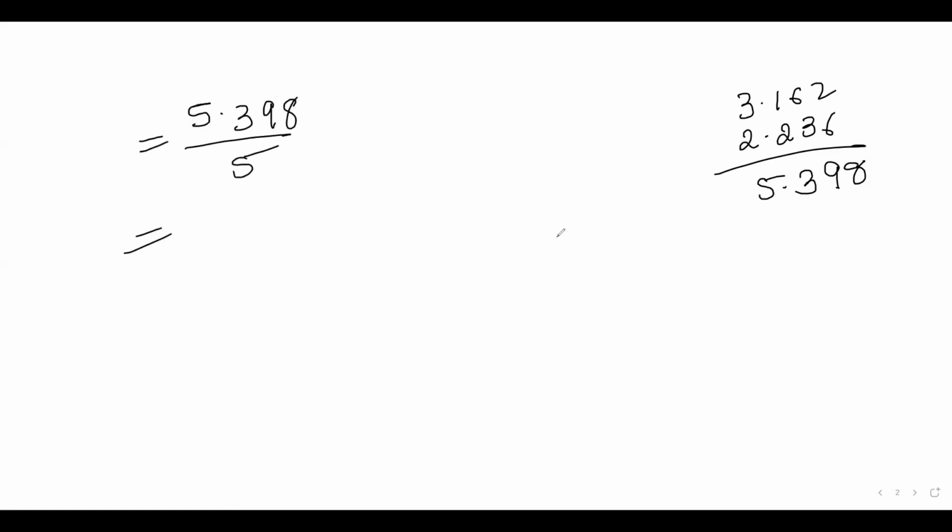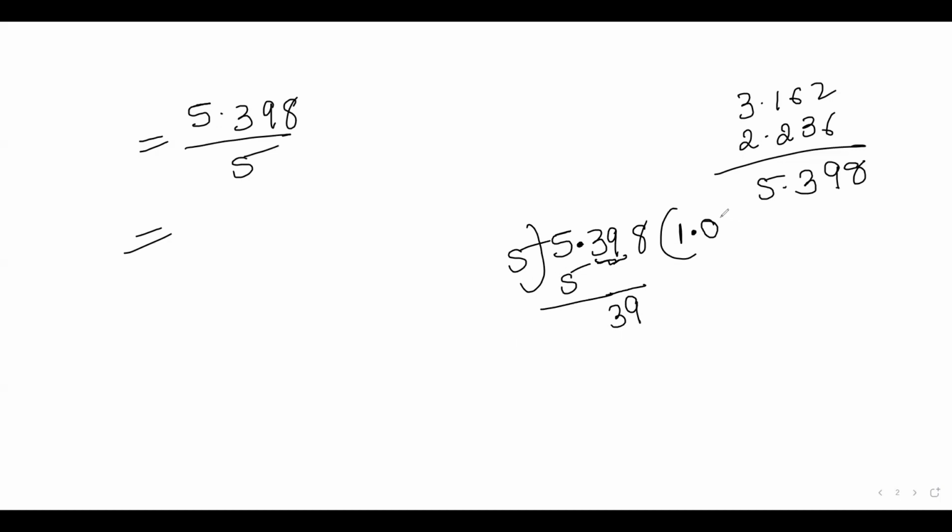I will show how to divide. 5.398 divided by 5. 5 ones are 5. You are crossing the decimal point, so put the point here. Now get down. 3 is smaller, so get 9 also. When you get two numbers at a time, you need to put 0 here.